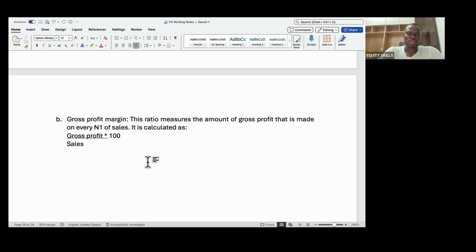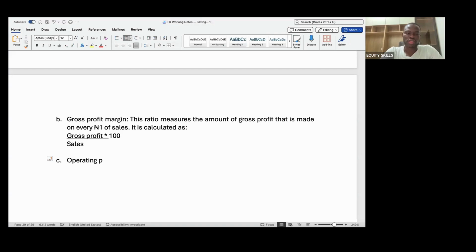You just need to know what this ratio measures, the formula, and whether it's beneficial when increasing or decreasing. This one is good when it is going up. That's what shows that a company is profitable.